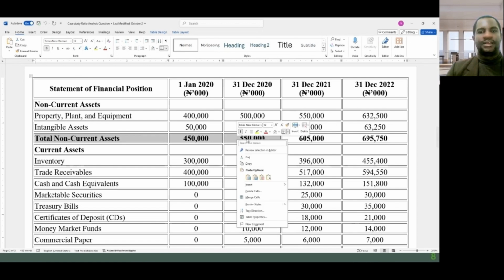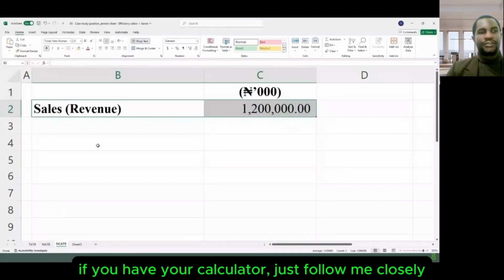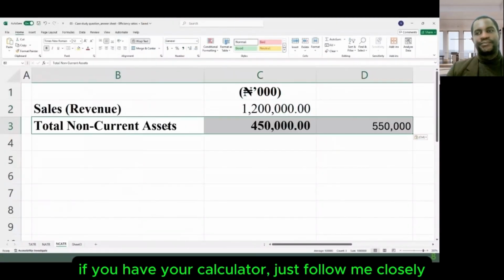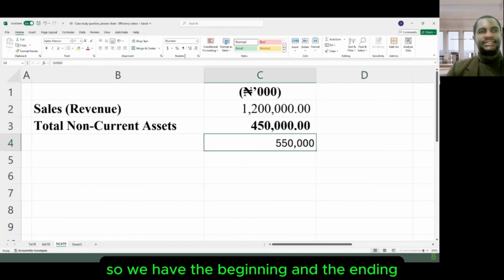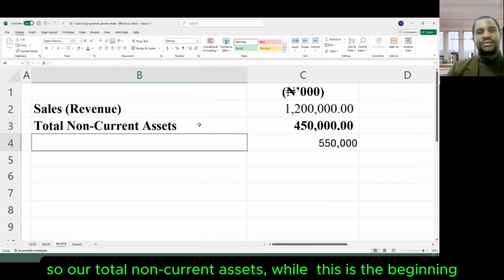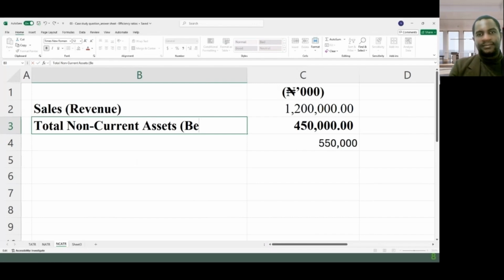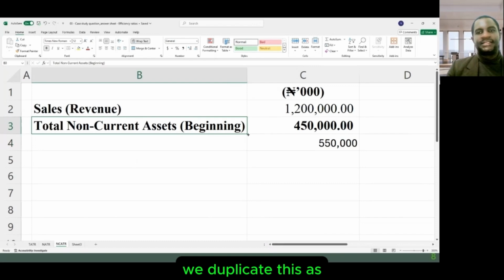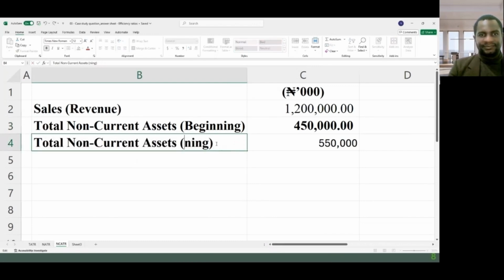So we pick the 2 components of the non-current assets. If you have your calculator, just follow me closely. So we have the beginning and the end. Our total non-current assets for the beginning, we duplicate this as the end. Very simple.